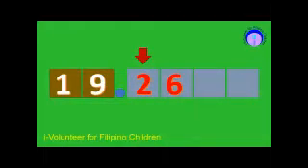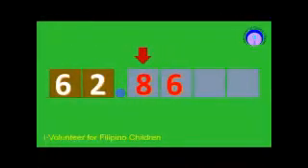Next number is 19 and 26 hundredths. Digit 2 is in the tenths place. The next number is 62 and 86 hundredths. Digit 8 is in the tenths place.